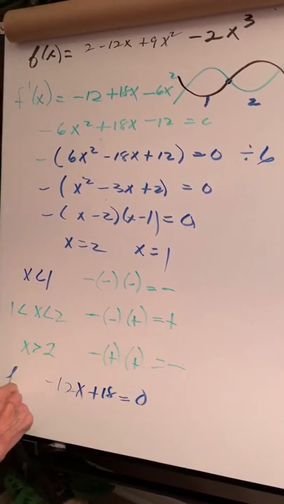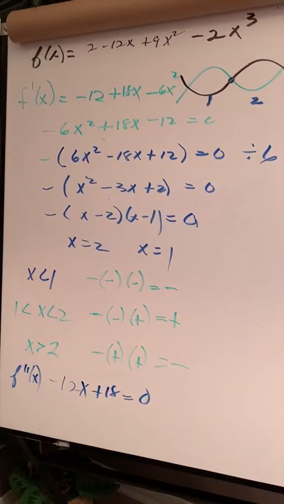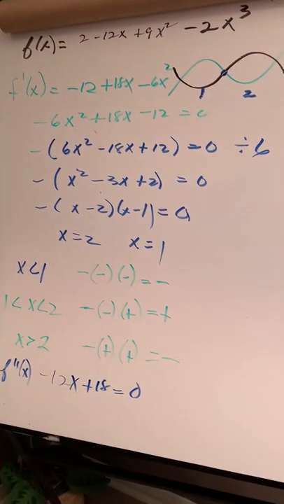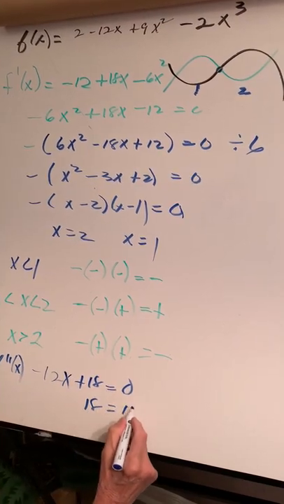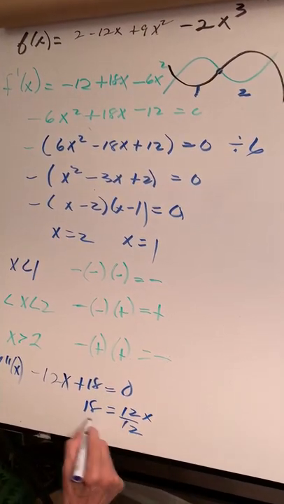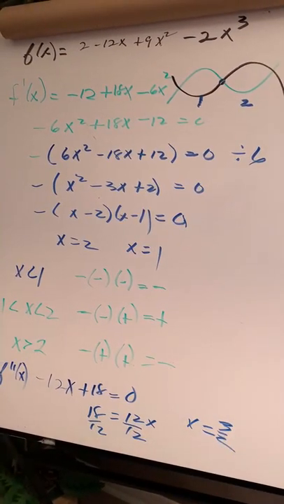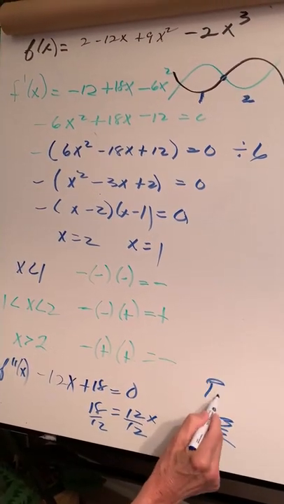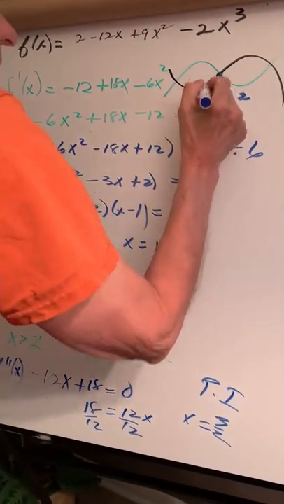This is f double prime of x, and we want to find out what x is. So this becomes 18 is equal to 12x. Divide by 12, divide by 12. X becomes 3 halves. This is called the point of inflection, and that happens right here at 3 halves.